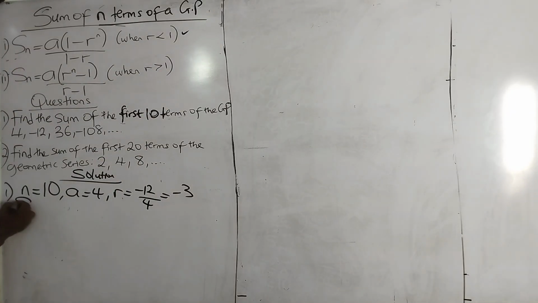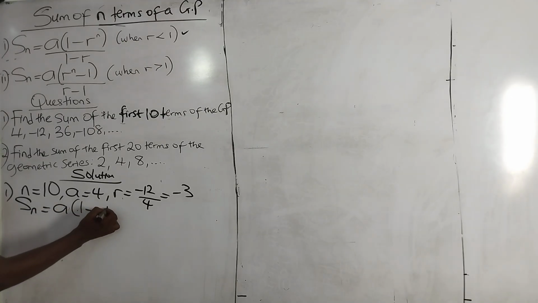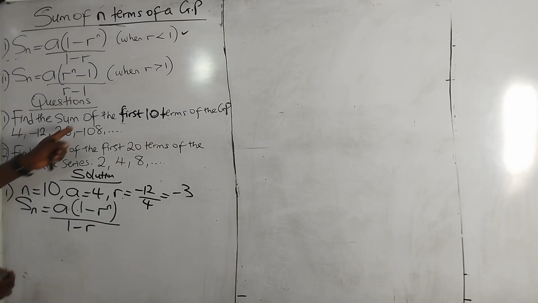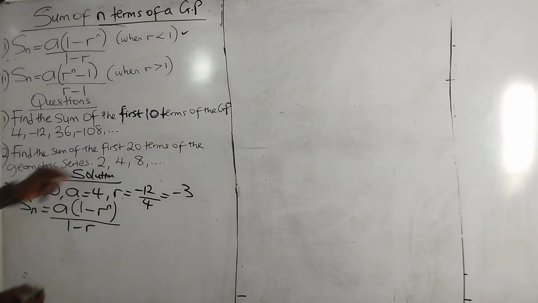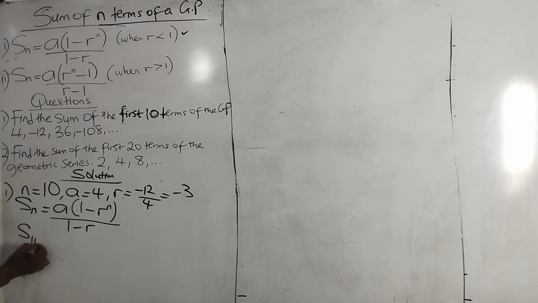It says that S_n is equal to a(1 - r^n) all over 1 - r. Then we are looking for the sum of the first 10 terms. So S_10 is equal to, we have to substitute.